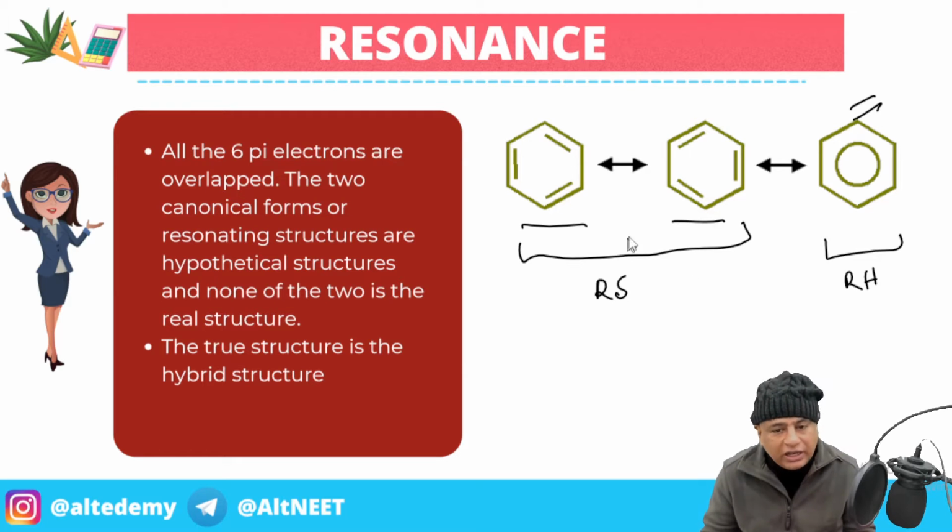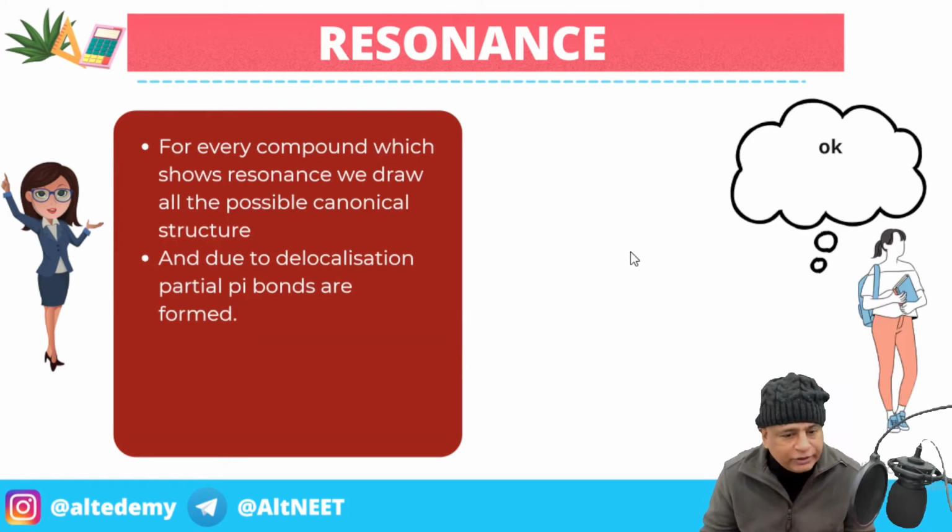Resonating structures are hypothetical structures. But why do we draw them? We draw them because as such we do not have a theory of mobile electrons. We have a theory of static electrons only. That's why we draw resonating structures to find it out. For every compound which shows resonance, we draw all the possible canonical structures.